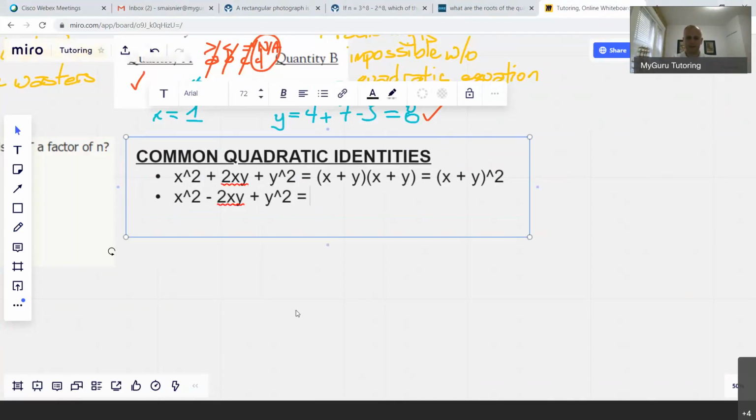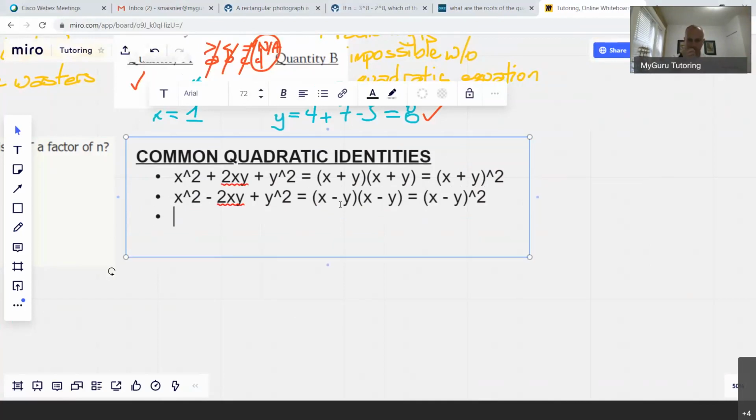And that's going to be equal to what factored? And faster than I can even type it out on the chat box, it is indeed x minus y times x minus y. And that, of course, is equal to x minus y, the quantity, squared.